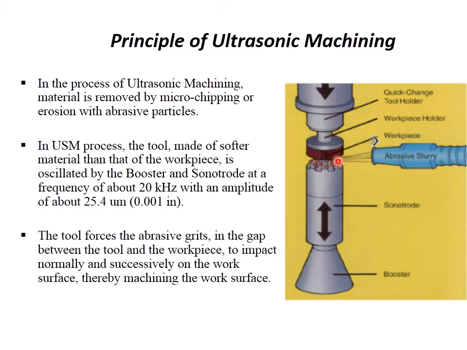Because the abrasive slurry removes the material, and the removal is not like in conventional machining where you see the material in the form of chips or particles, like in grinding. The rate of material removal, the MRR, would be very small, so it is microchipping, right? That is the difference. The material is not cut by friction but by erosion. The abrasive slurry erodes the workpiece surface, and you get the required machining size and shape.